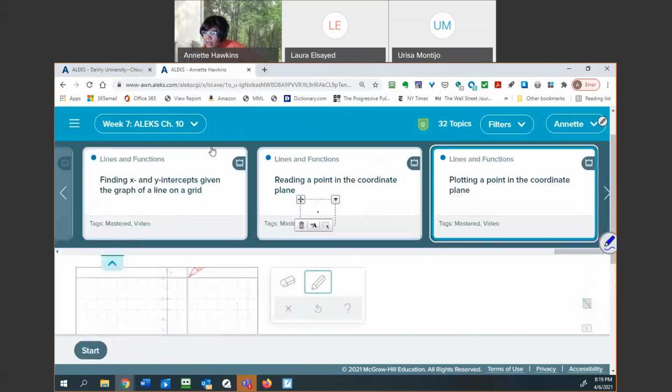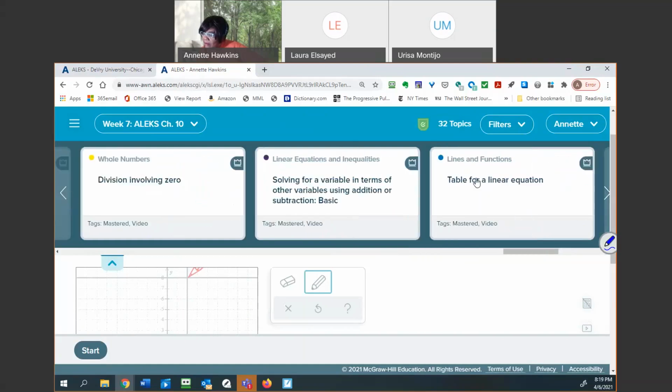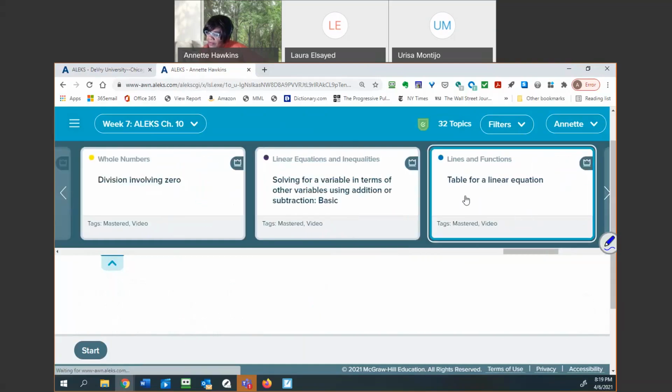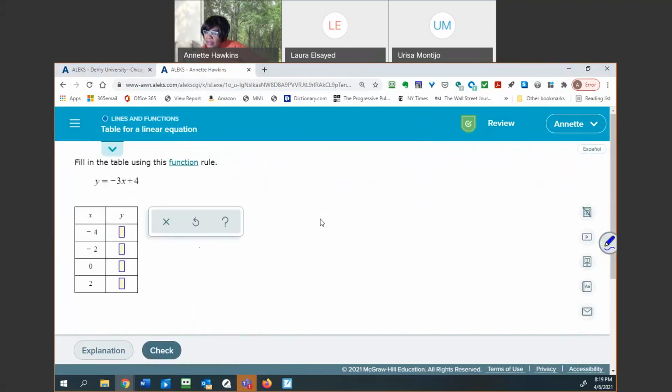So let me find that. Here we go. It says fill in the table using this function rule.